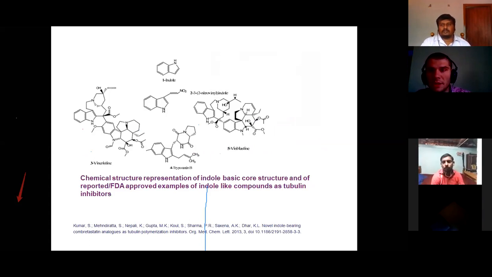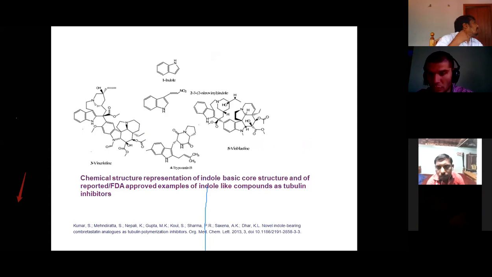And to start, I can tell you about imidazole. Imidazole heterocycles have the 9th position in the top 25 of nitrogen heterocycles in the database of USA FDA approved drugs, and this structure has inhibitors of tubulins and the G2M and others, and some of them you see have polycyclic structure.